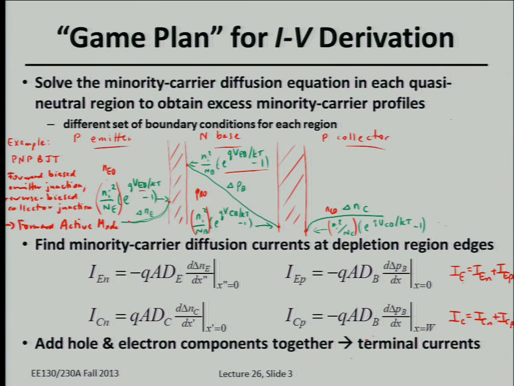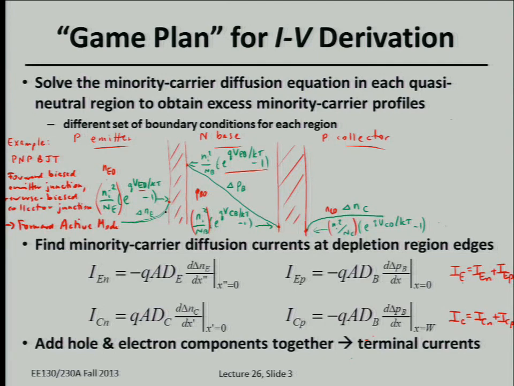Let me change colors here. So the diffusion right here of electrons. Let's say the emitter junction is forward biased, so we have excess minority carriers at the edge of the depletion region. Going away from the depletion region, the excess carriers diffuse and recombine in the quasi-neutral regions.